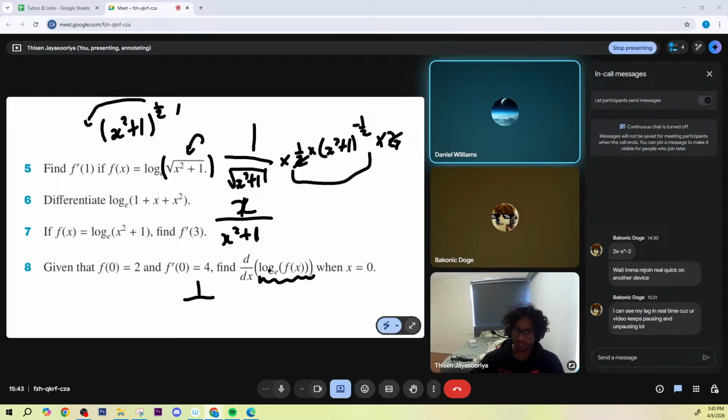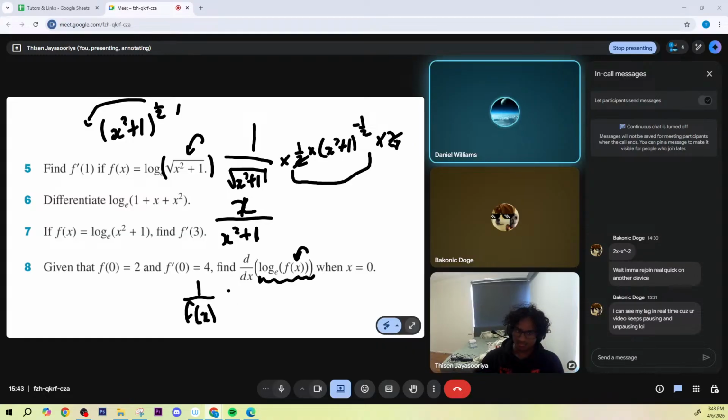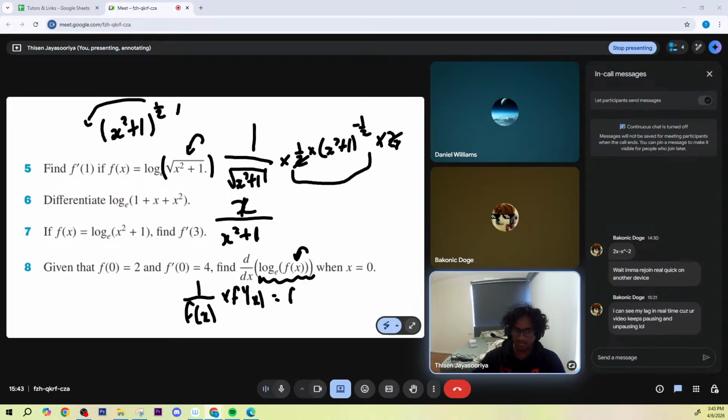U is f of x, the inside function. And then what's the derivative of the next function inside? f dash of x. So here, the derivative of this one is just this.